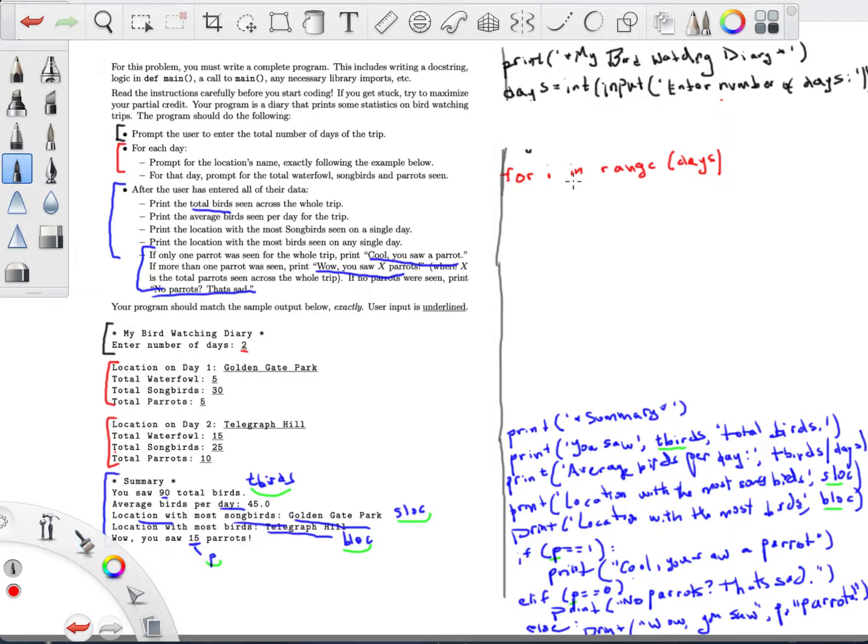Okay, I need to prompt for the location. This will get Golden Gate Park. So I'll just say, hey, the location input, location on day, so it looks like I have something that is programmatically changing. So I need some fancy way to prompt.